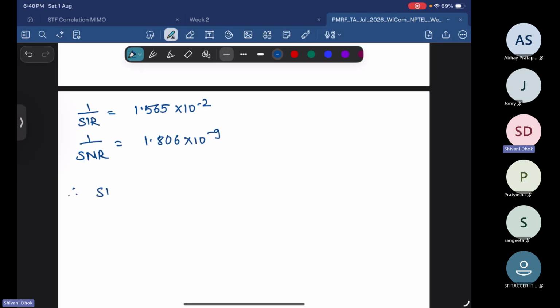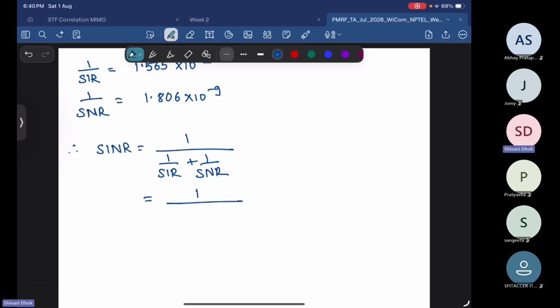So therefore SINR is 1 over 1 by SIR plus 1 by SNR, which is equal to 1 upon 1.565 into 10 raised to minus 2 plus 2.1397 into 10 raised to minus 5.